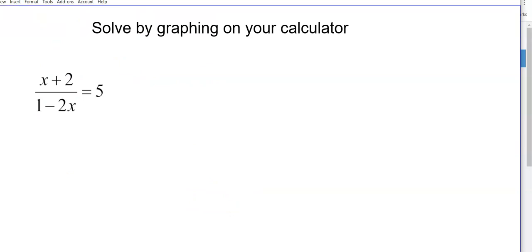Solve by graphing on your calculator. Okay, so again, we want to subtract the 5, get it on the other side, so (x plus 2) over 1 minus 2x minus 5 equals 0.